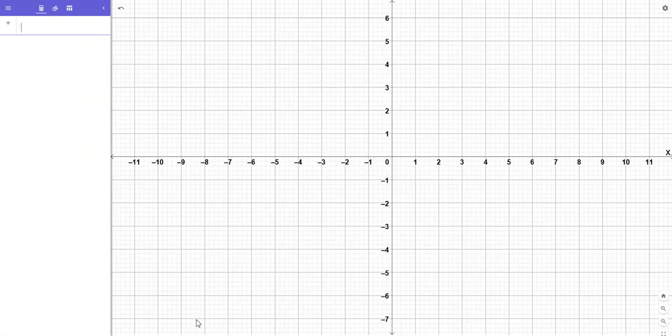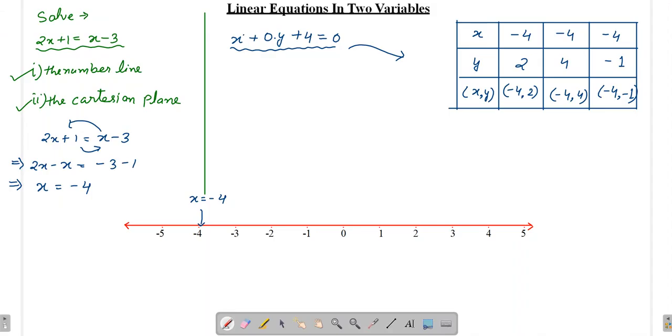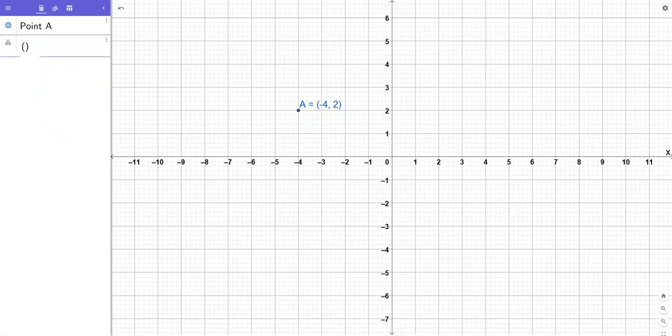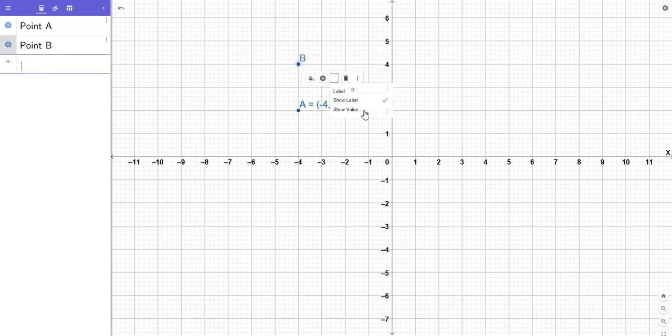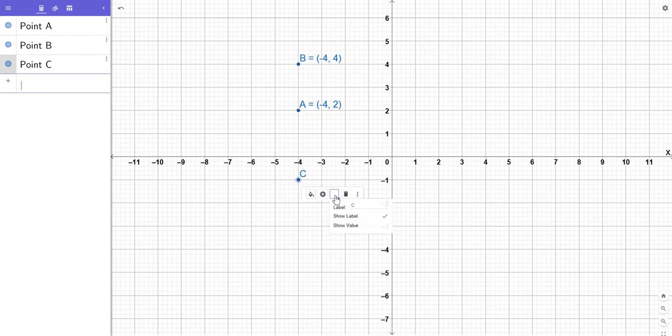So let's plot minus 4 comma 2. So here is the first point, minus 4 comma 2. The second point was minus 4 comma 4, which is coming over here. And our third point was minus 4 comma minus 1, which is coming over here.